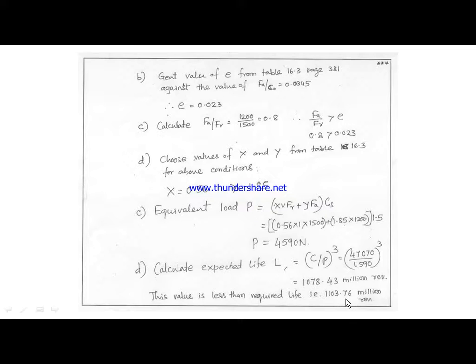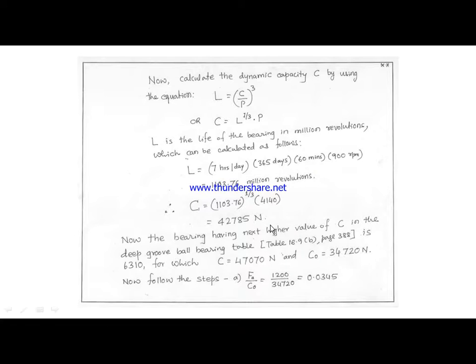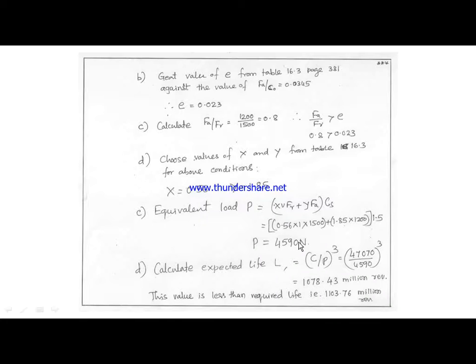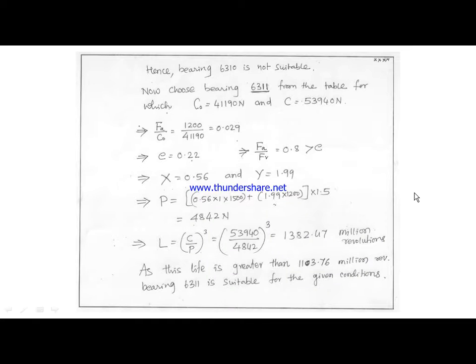So hence this bearing, which we have chosen, 6310, is not suitable for these conditions. So what will we do? We will go for the next bearing having a larger diameter.